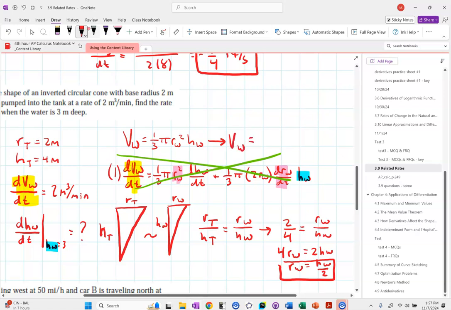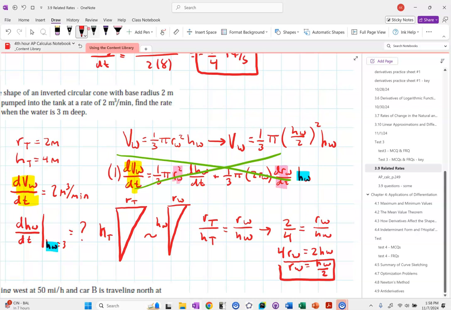So if I then use that to make a substitution, I can say that. Yes, Alex. So HW is not a constant, right? The height is changing. We're concerned about the rate at which that height is changing at a specific height, but the height is not a constant.